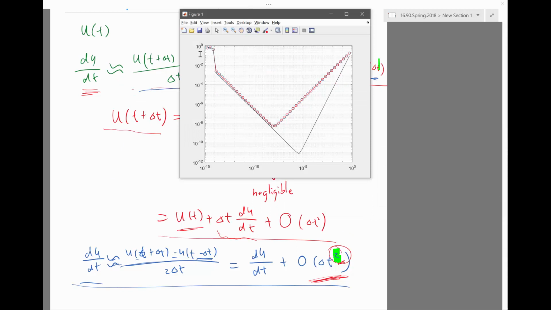So this error, which is larger as you increase delta t, is called the truncation error, while this error is called the round-off error, right? Because when you are representing a real number in a computer, you are basically rounding to the nearest number the computer can represent. So that's called the round-off error.